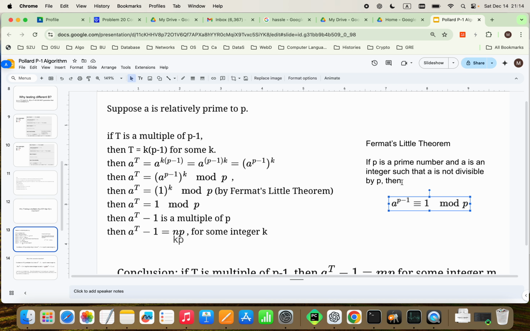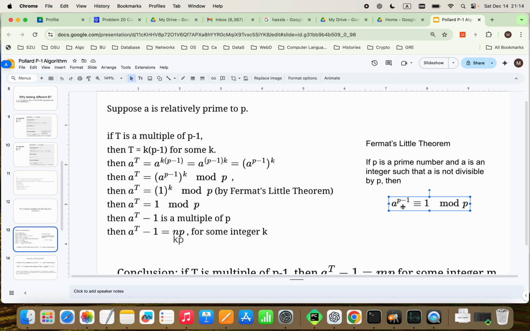Before, here we supposed that a is relatively prime to p, right? So it's certainly not divisible by p. So we can apply this formula here. Also our p is a prime.